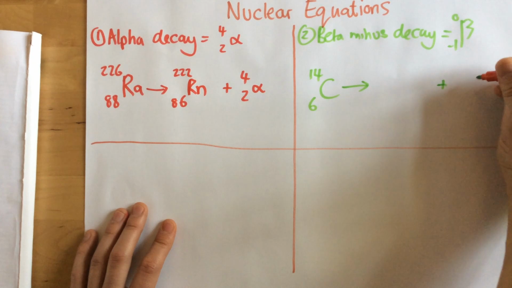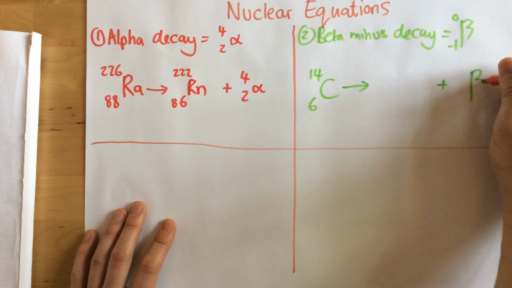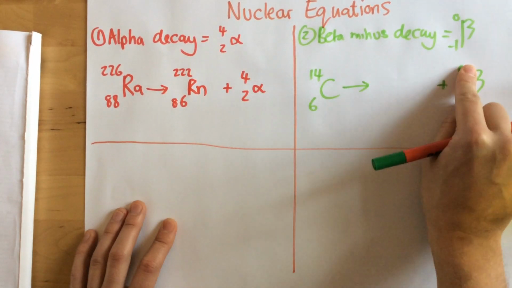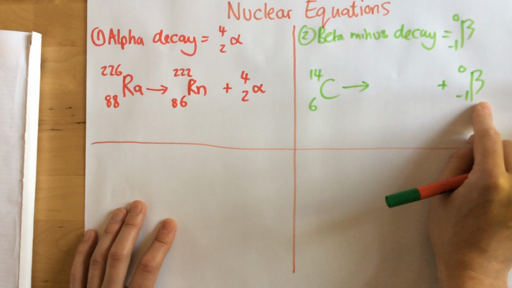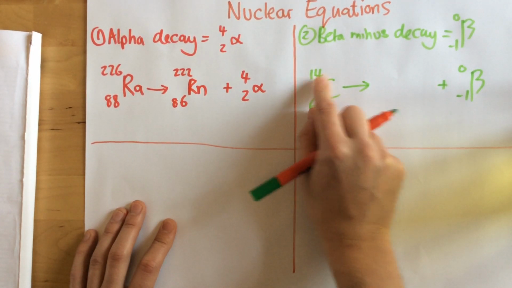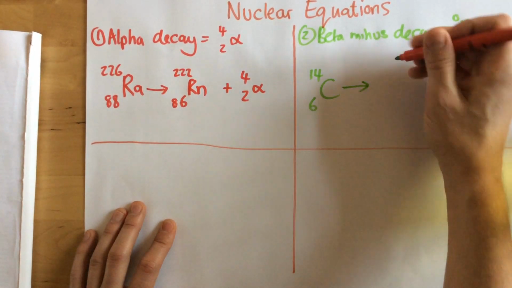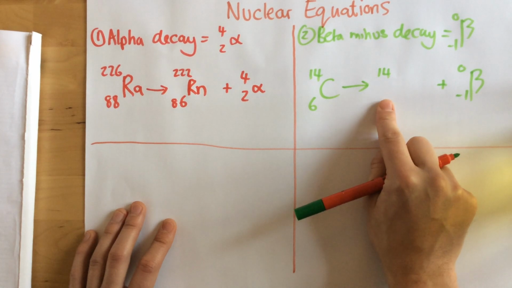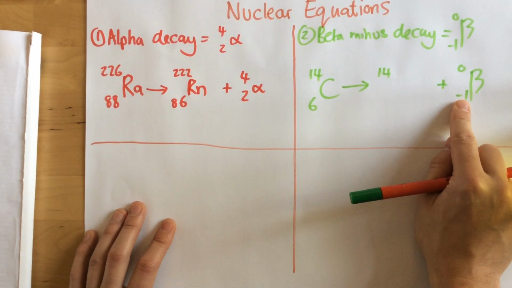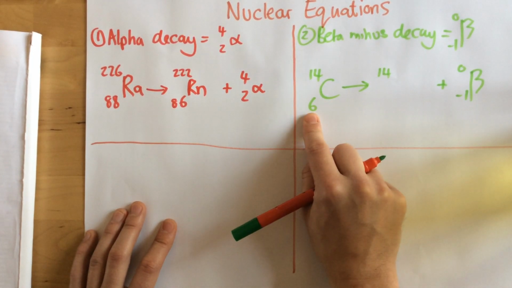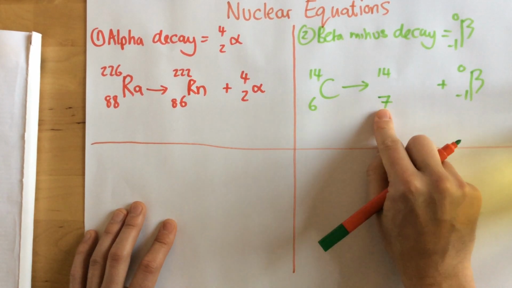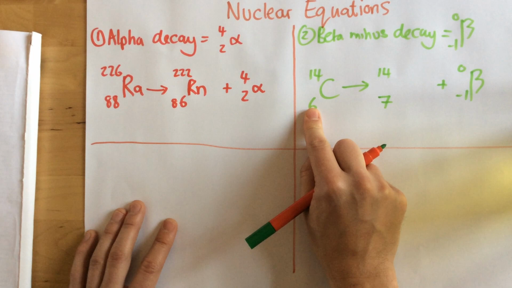I know that I'm producing my beta minus particle. Now, just as before, I need to make sure the top and the bottom add up on both sides. So 14 on the top, there's 0 here, so that must be 14 as well, because 14 plus 0 is 14. Now on this side, something plus minus 1 is 6. So that is going to be a 7, because 7 plus minus 1 is 6.